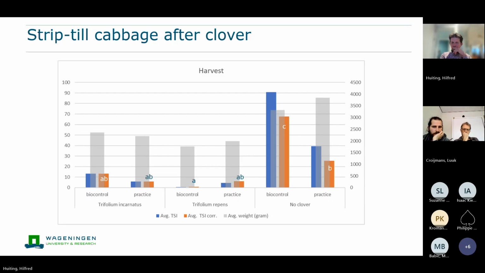And you see in blue the calculation with this thrips damage index, and in orange you see the correction for cabbage weight, which I think is justified. And we saw clearly that these cabbages in the clover had a lower thrips damage. So apparently there's something there. We don't know exactly what.